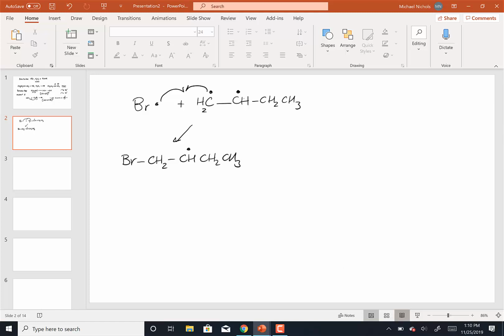The other option is for the Br atom to pair up its unpaired electron with the CH. If it does that, that's where the bond is going to form. And it's going to leave the CH2 with the unpaired electron.